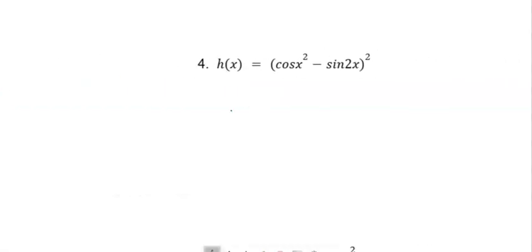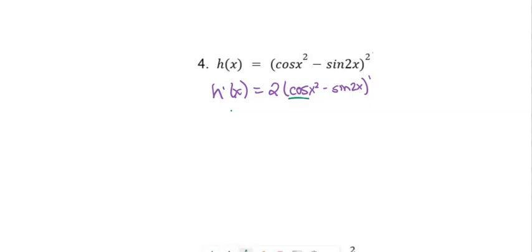Okay. Power rule and more. So I'm going to bring this exponent down. Keep what it was. Reduce the exponent by 1. And then take the derivative of the inside.